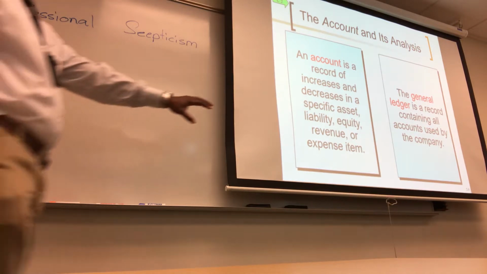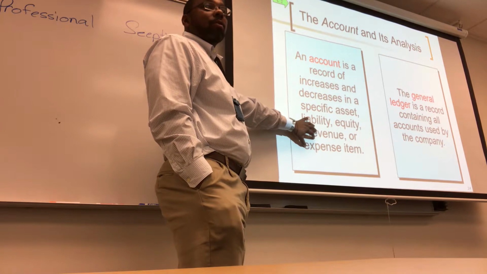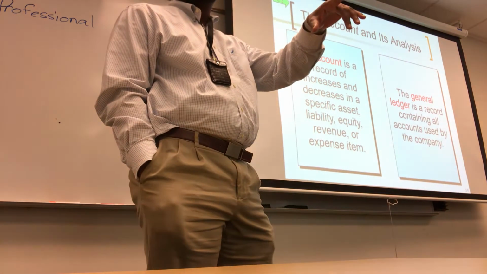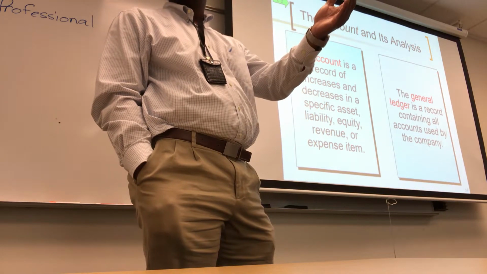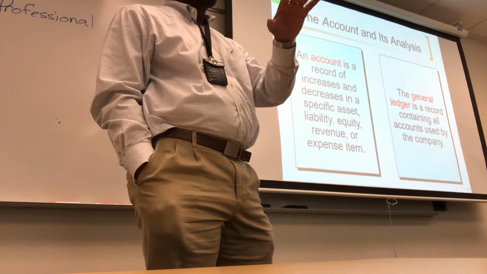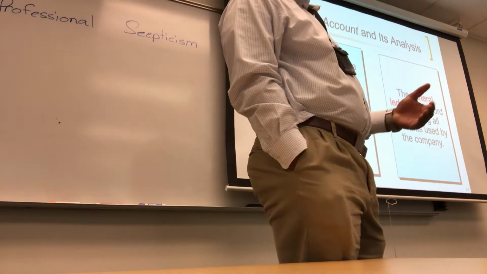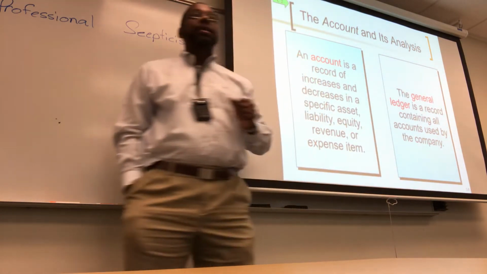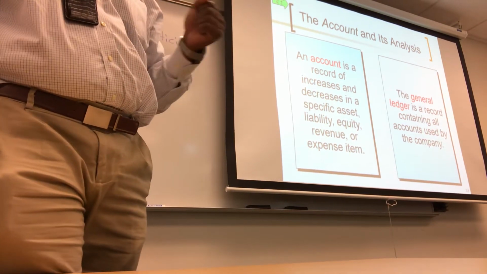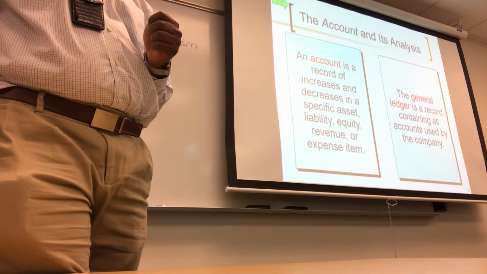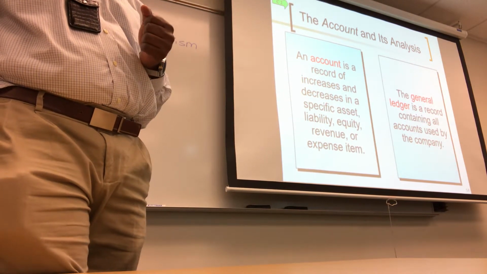What we're going to do with these accounts is see increases and decreases. We did that in those transactions at the end of chapter 1. We had cash, which was an asset. We spent cash on, let's say, supplies, so the cash decreased. That meant that the asset decreased. And second, we're going to pull in that debit and credit piece so that you'll know how to apply the debit and credit to that increase or decrease.